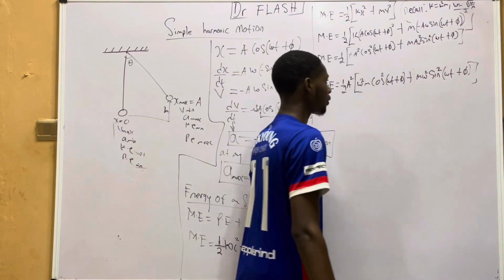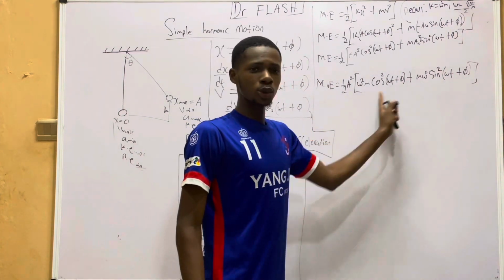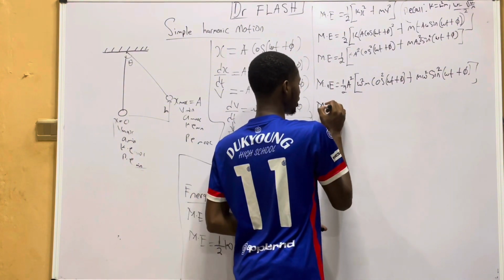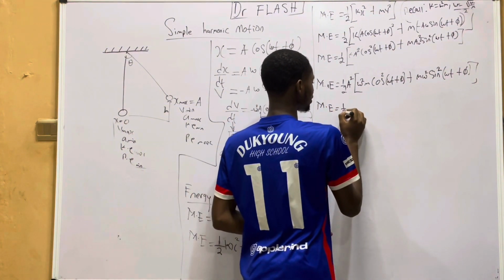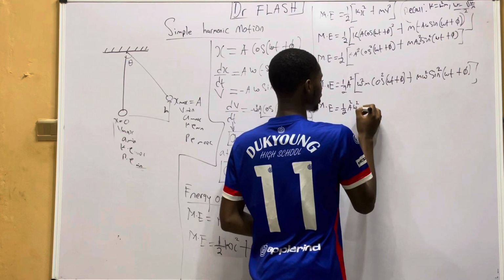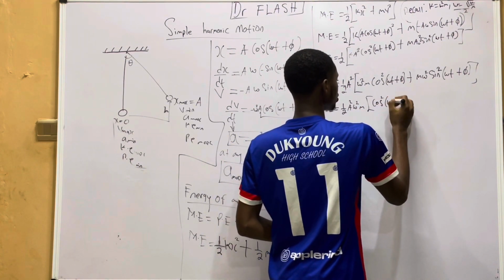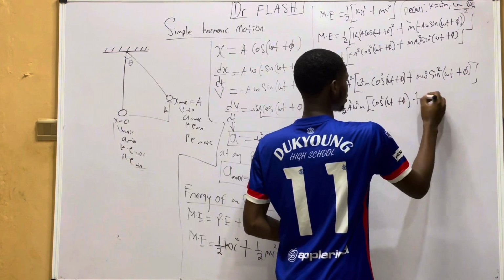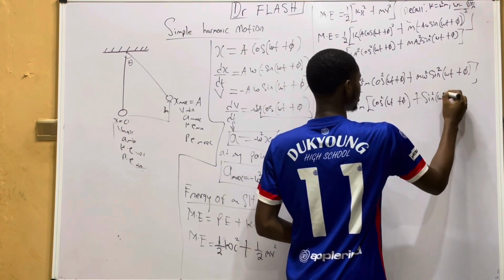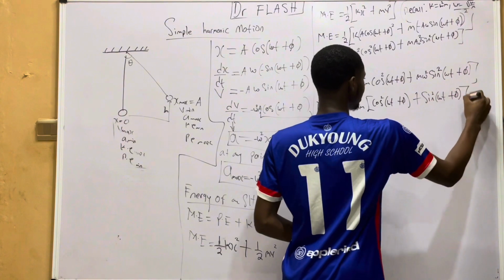So here is what we're going to have. Now notice ω squared m is common on both sides. That means mechanical energy is equal to 1 over 2 A squared ω squared m into bracket. What's left here is cosine squared(ωt + φ) plus sine squared(ωt + φ). That's what we're going to get.